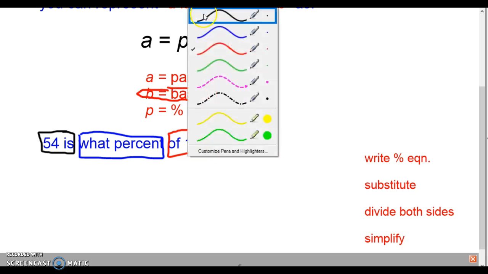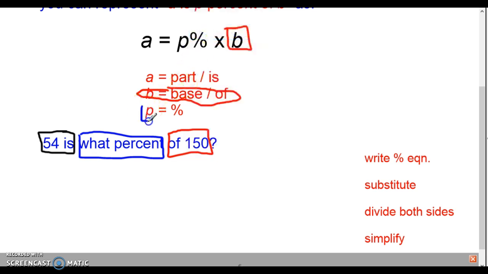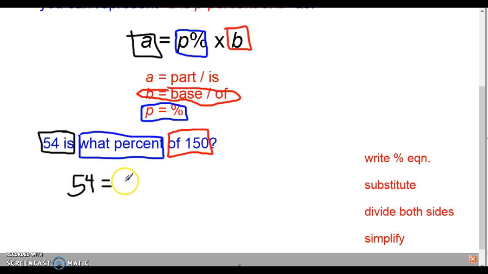My percent goes with my P. And remember, I need to write it as a decimal. And then my "is," which is 54, goes with the A. So now I'm going to go ahead and plug those numbers in. So 54 "is," which you can write as an equal sign, what percent, so I don't know, I'm going to put that as a P, times 150.